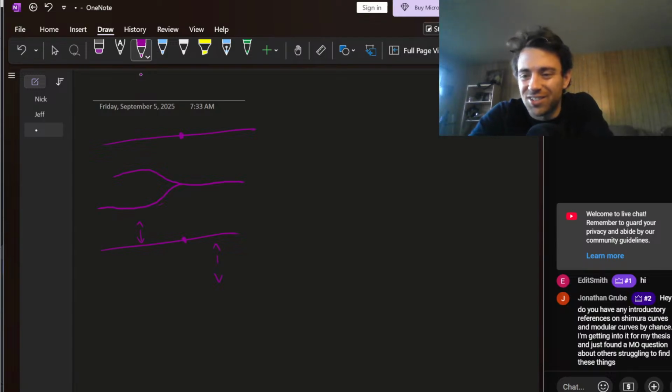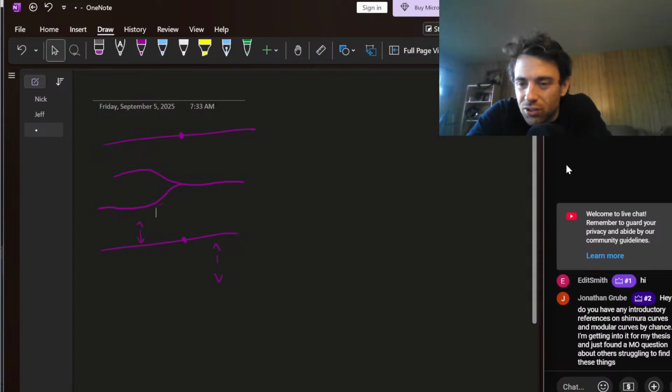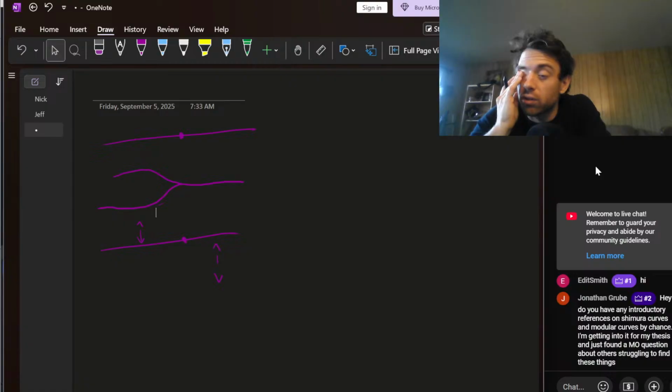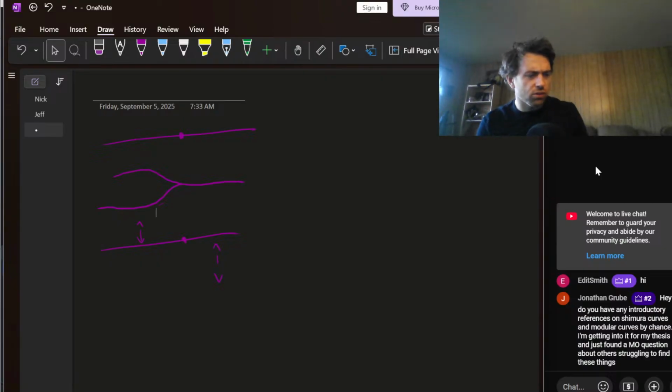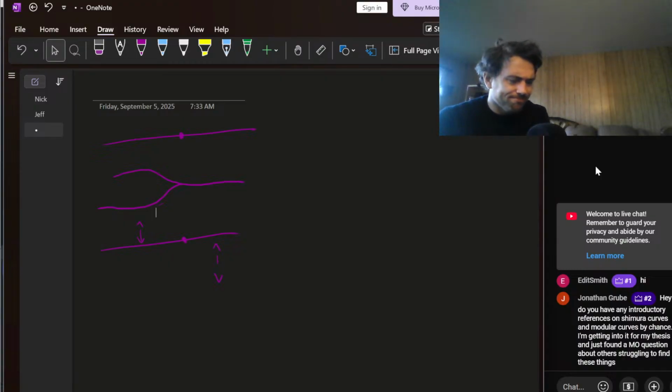It's kind of hard to draw, but do I have any introductory references on Shimura curves and modular curves by chance? You're getting into it for your thesis. You just found an overflow question and other things, struggling to find these. Yeah, to be honest, I don't have a good one. I don't know a ton about it.